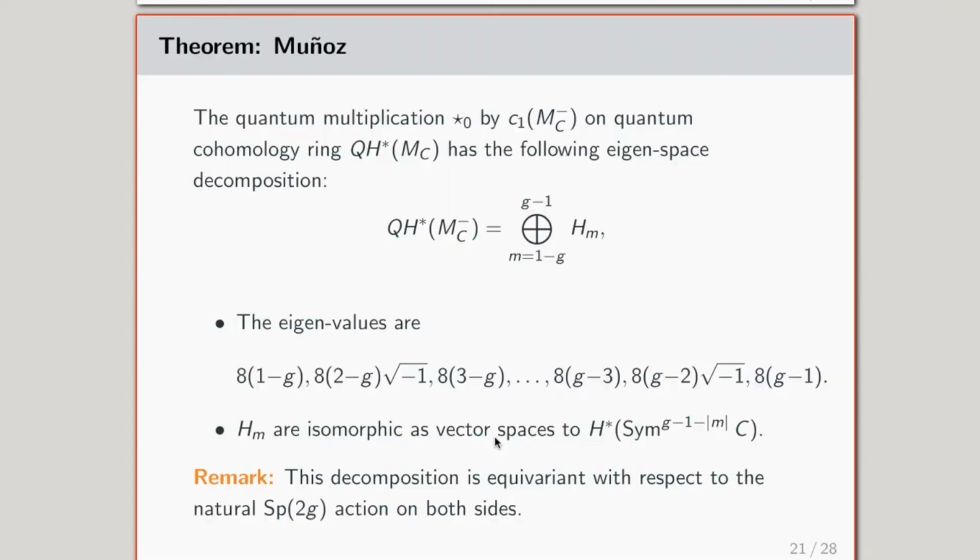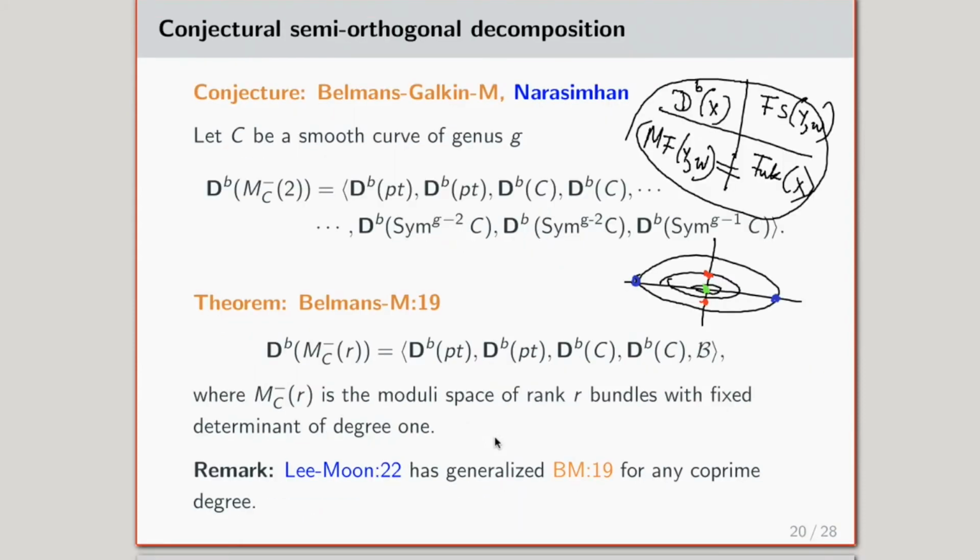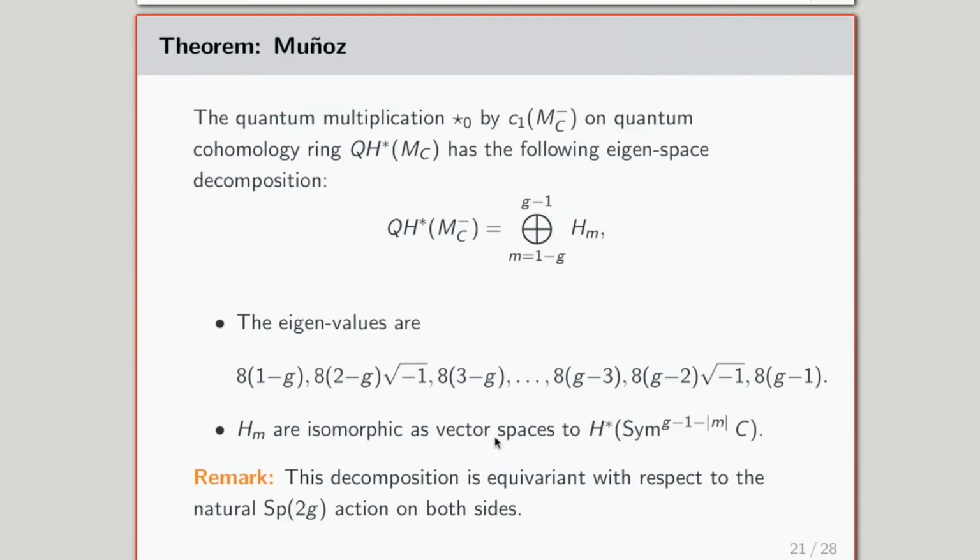Okay, now I explain why I drew the diagram. If you look at the quantum cohomology ring, which, from the big table I showed in the beginning, plays a key role in controlling the Fukaya category of the moduli space, it has a natural decomposition in terms of the quantum multiplication by the first Chern class.